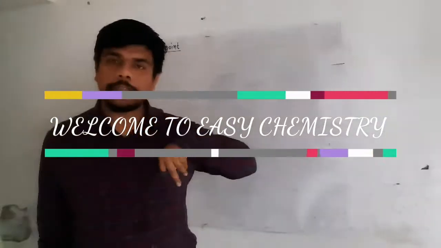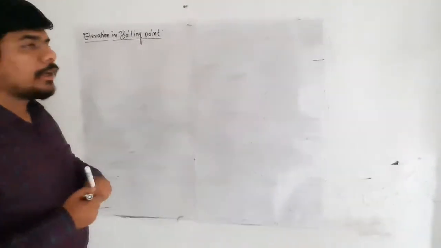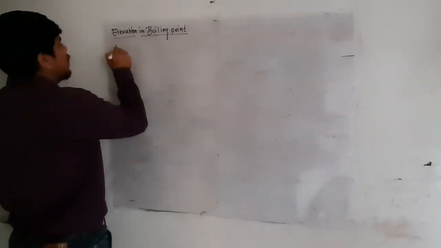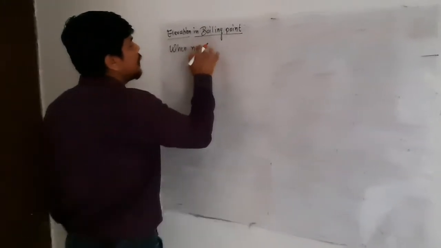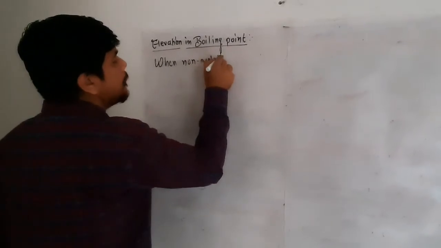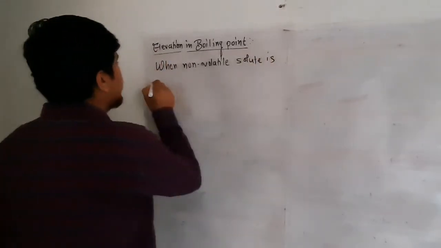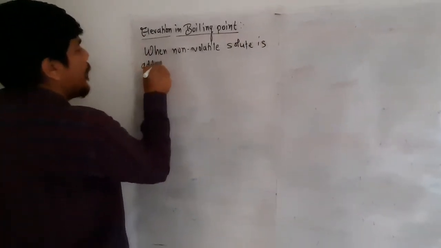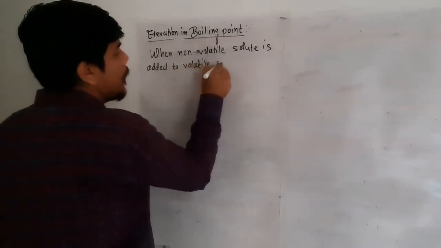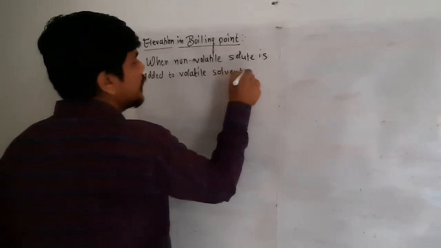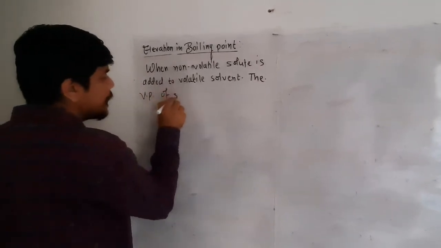Today we are going to discuss a second colligative property, which is called elevation in boiling point. When a non-volatile solute is added to a volatile solvent, we know that the vapor pressure of the solution decreases.